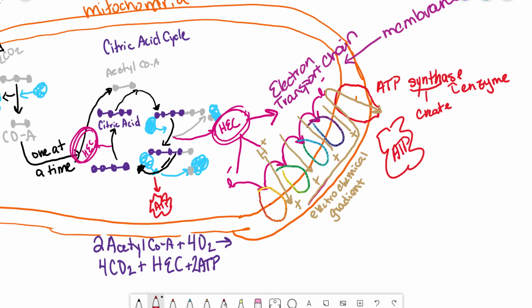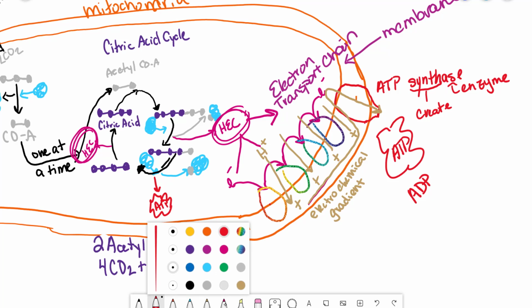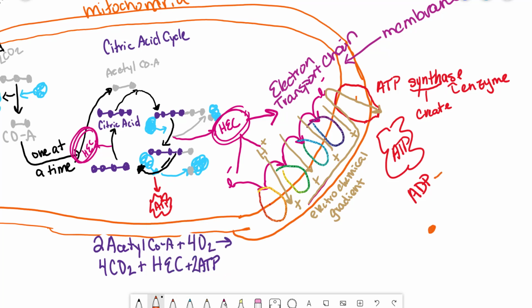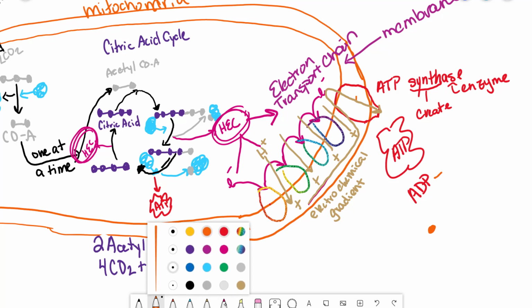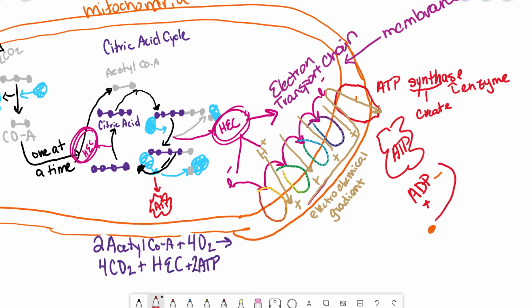Now, how do you create ATP? Well, remember, we would have had ADP sitting out here and a phosphate just kind of hanging about over here maybe. And so when that hydrogen goes through the pump, it's just going to add these two things together and create ATP.